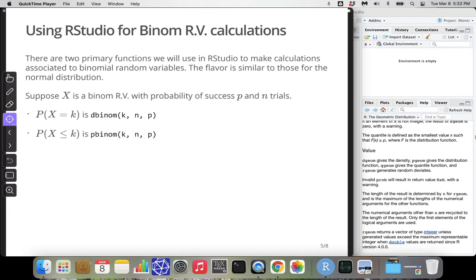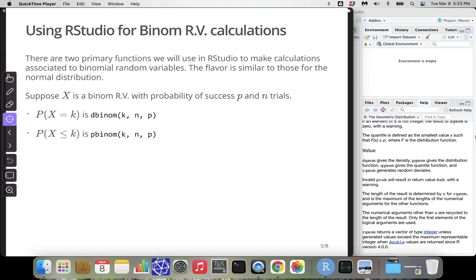And just like with the normal distribution and the geometric distribution, there's a command built in that's built off of referencing the binom distribution. Binom, of course, means binomial distribution. And the binom distribution has the P prefix, D prefix, Q prefix, and R prefix. Just like with the geometric random variable, we'll primarily use dbinom and pbinom.